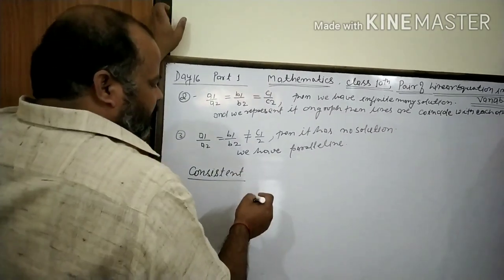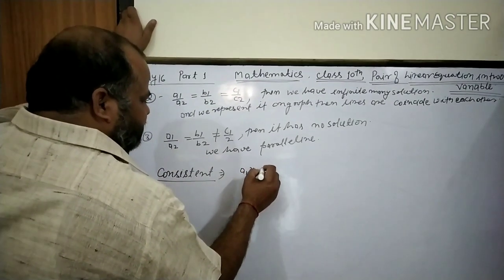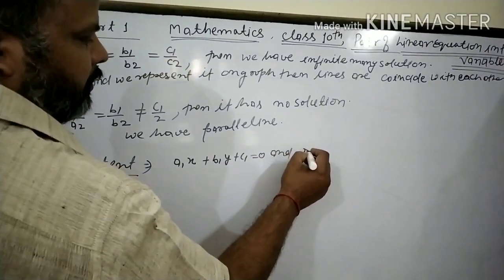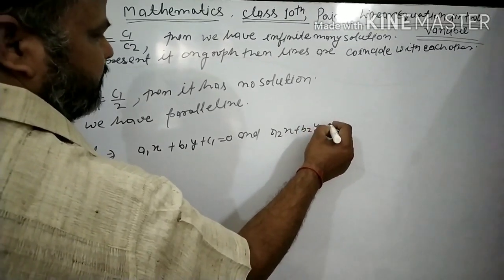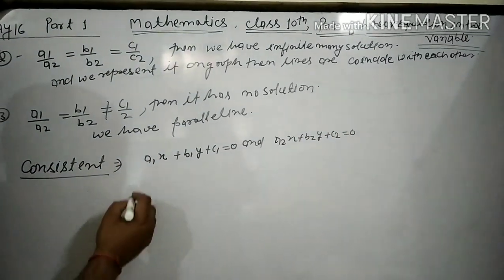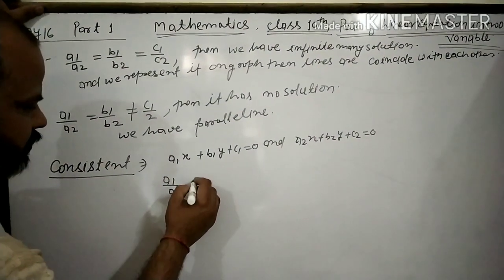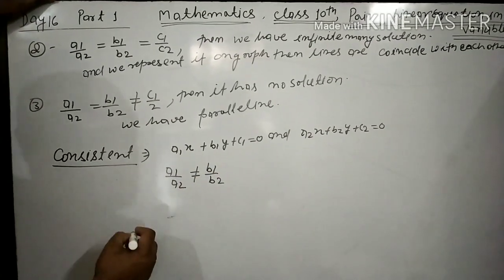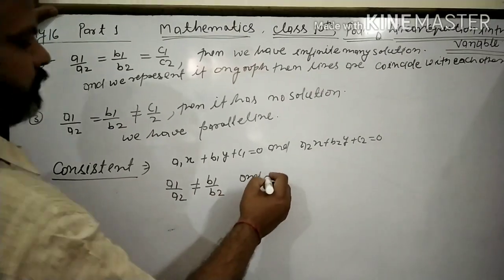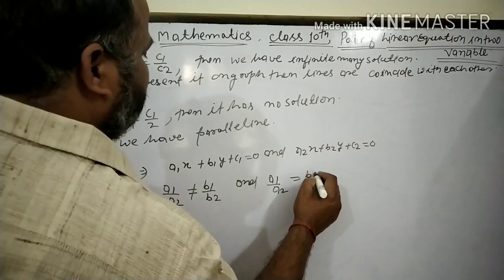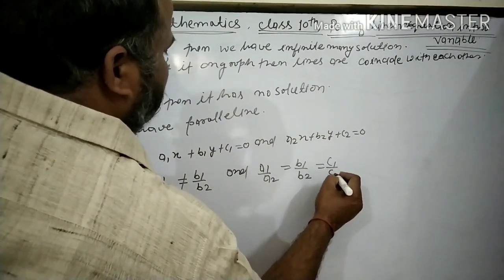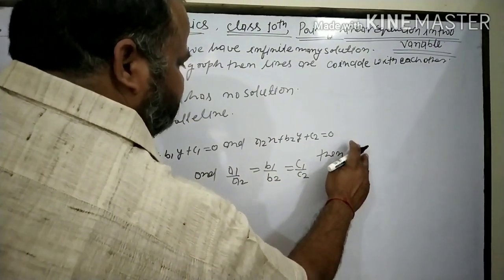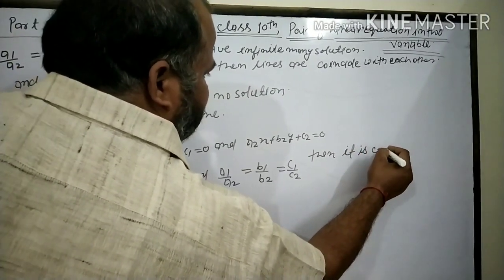Consistent means if we have a pair of linear equations in two variables, a1x plus b1y plus c1 is equal to 0 and a2x plus b2y plus c2 is equal to 0, then a1 upon a2 is not equal to b1 upon b2, and a1 upon a2 is equal to b1 upon b2 is equal to c1 upon c2, then it is consistent.